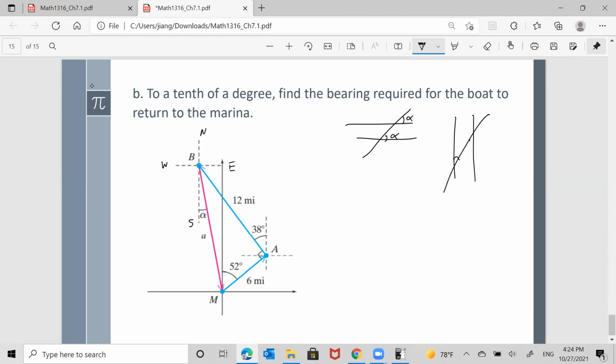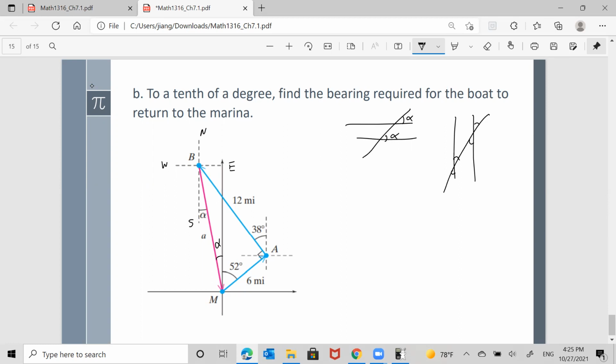So the angle here and here, they are the same. Angle here, they are all the same. That means look at this image, this vertical line. Alpha here, and this one is also alpha. That means if I'm looking for alpha, I'm looking for this angle at the same time.